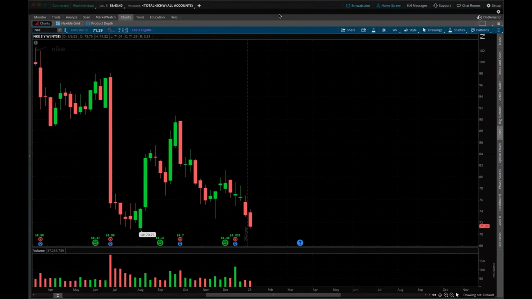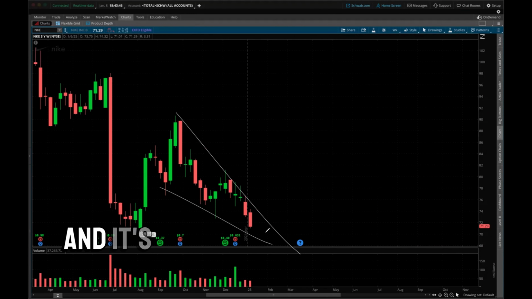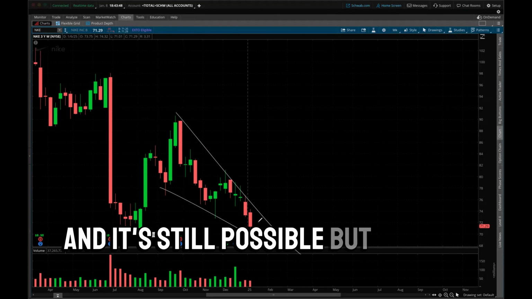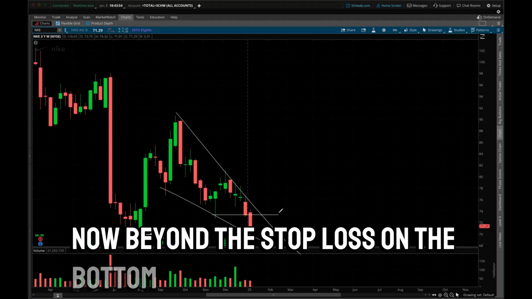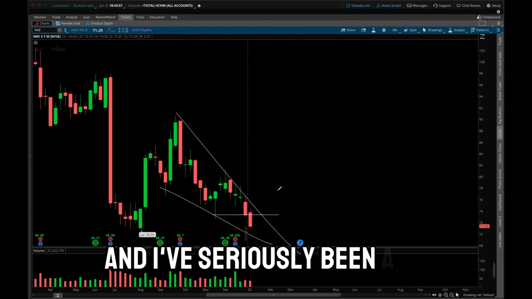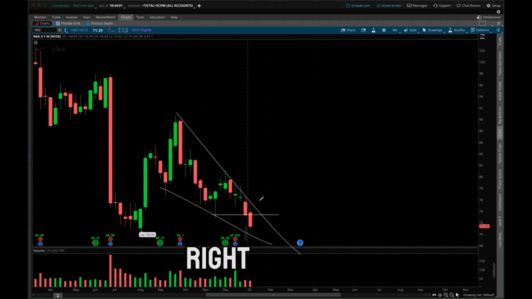I wanted this to be a pattern like a giant descending wedge, and it's still possible, but I don't know. This is a trade that is now beyond the stop loss on the bottom, and I've been decompressing the position. There's not that much pressure on this position right here.